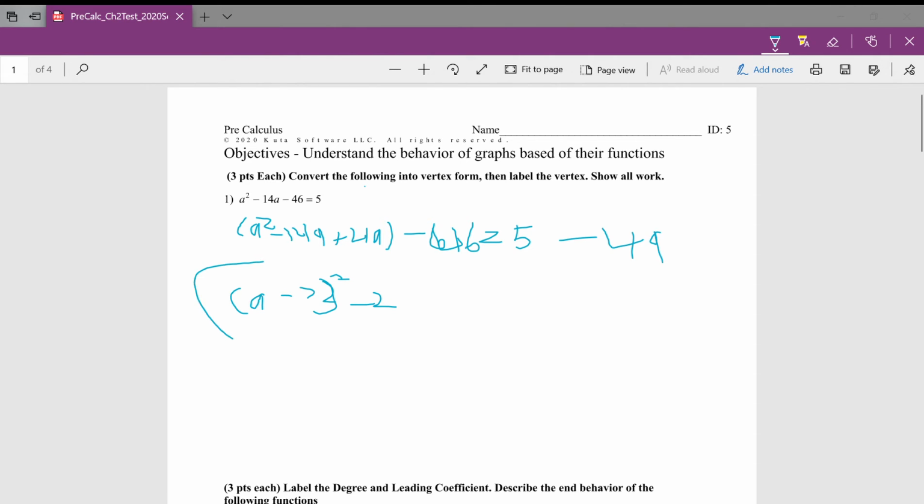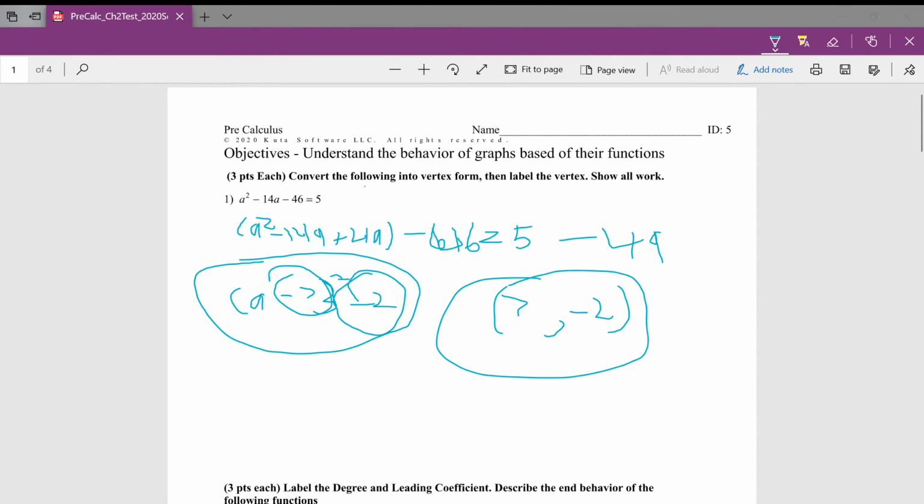This is the vertex form. Your vertex is (h, k). This is actually negative h, so that's going to be 7, minus 2. It's negative because it's inside the parentheses. So this is the vertex and this is vertex form.